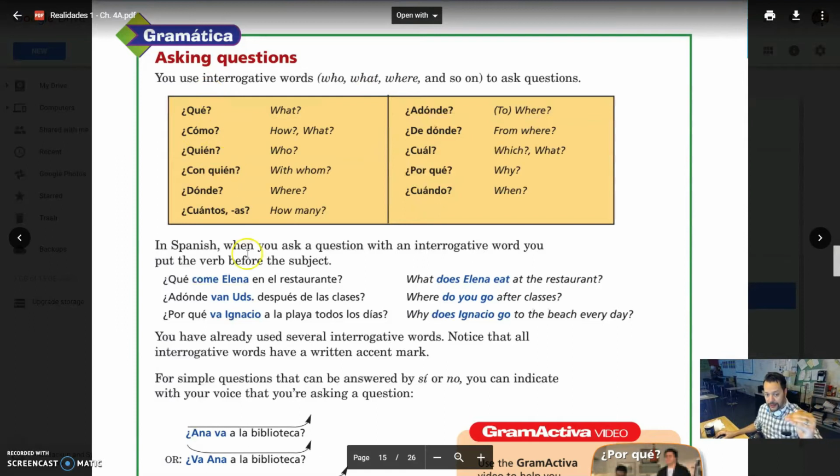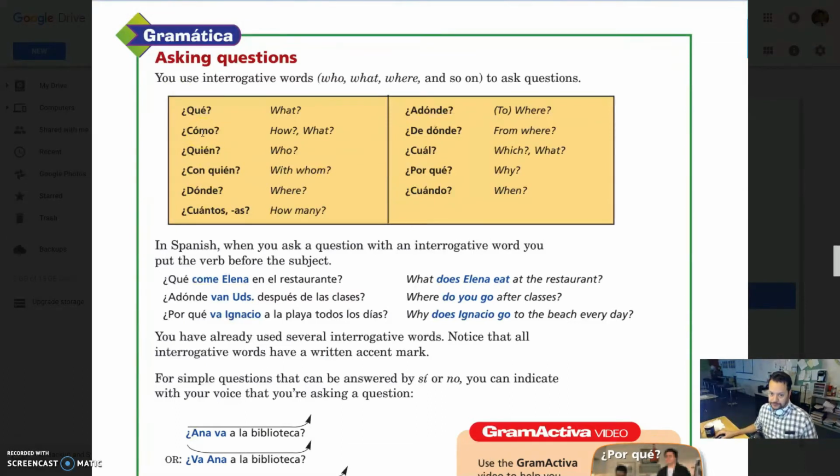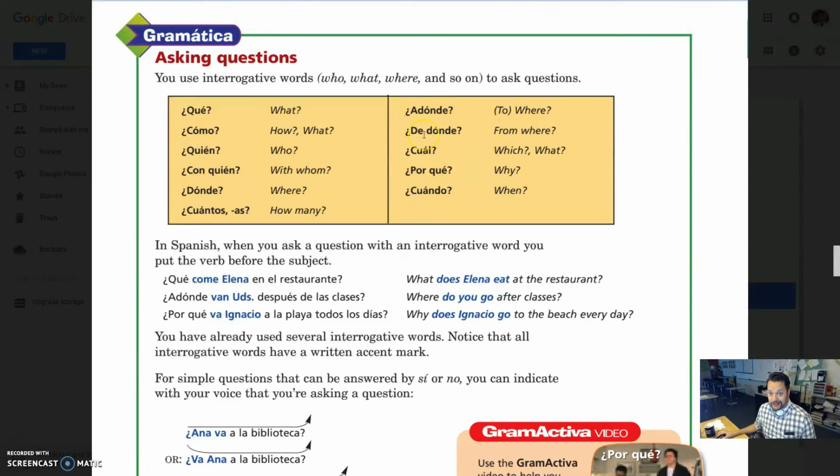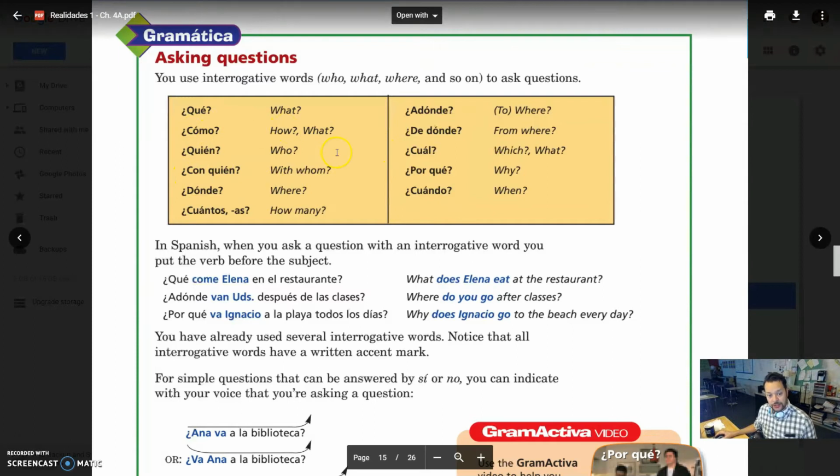Let's go one by one, and let's see what they are. ¿Qué? ¿Cómo? ¿Quién? ¿Con quién? ¿Dónde? ¿Cuántos? ¿Cuántas? ¿A dónde? ¿De dónde? ¿Cuál? ¿Por qué? ¿Cuándo?